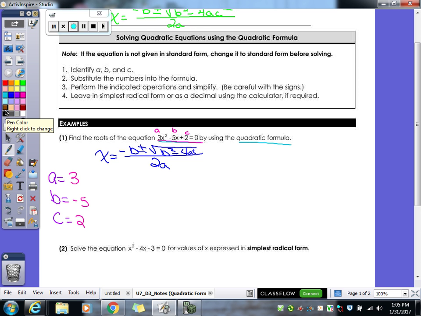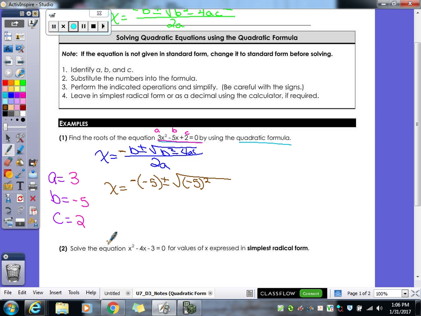So once you've identified what each of the terms are, all you have to do is plug it in here. But when you plug it in, you want to put parentheses around everything. So when I plug in for my b value, I'm going to do negative from the equation here. And then my b is a negative 5, so I put parentheses around my negative 5. Plus or minus.